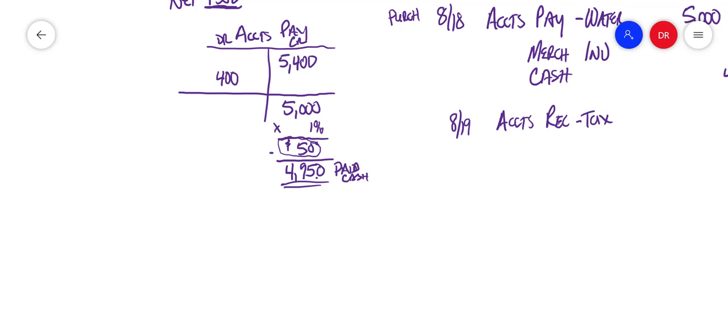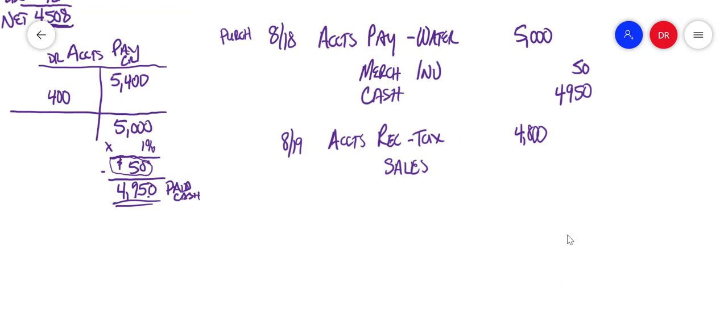And the sale amount here is $4,800. And then we're going to credit sales for the same amount, so $4,800. Okay, this is the sales piece or the revenue piece.